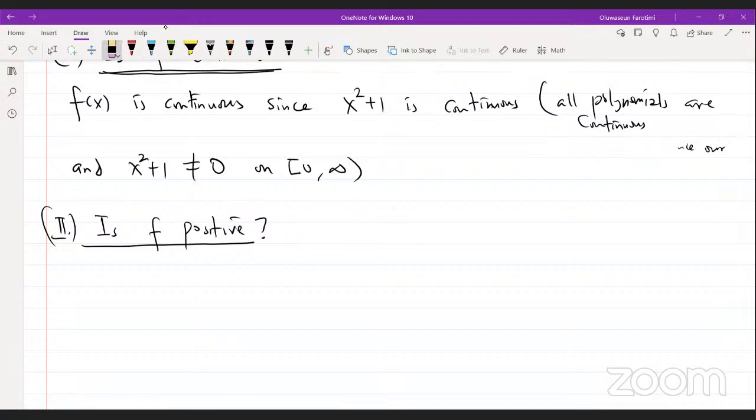Our setting is R. Our setting in this course is R. R means the set of all real numbers. So let me write this clearly. Setting in this class is R.